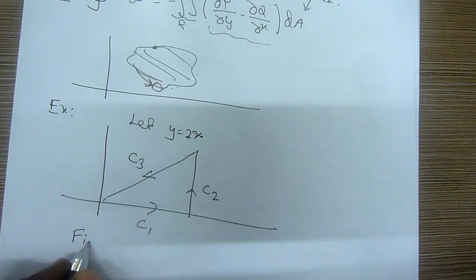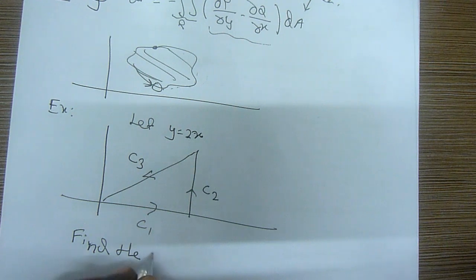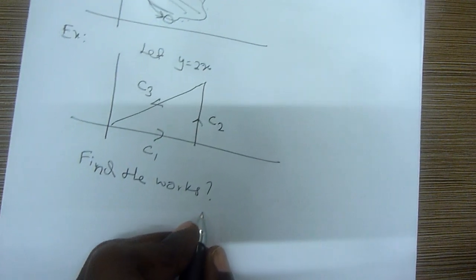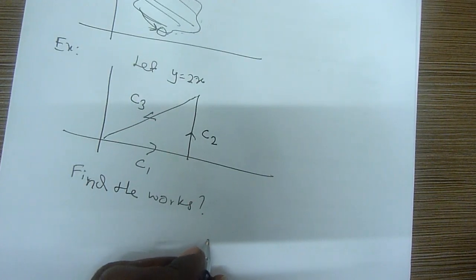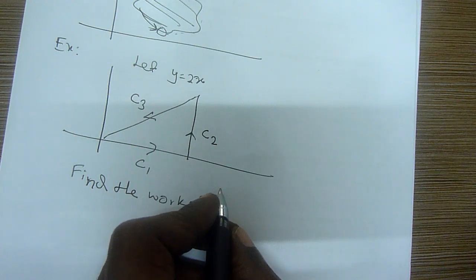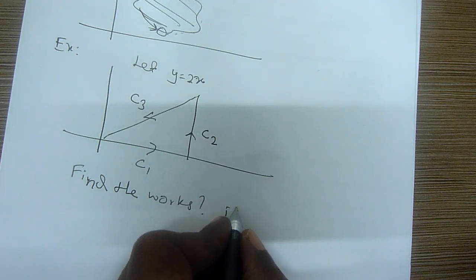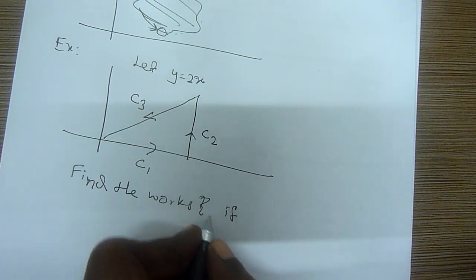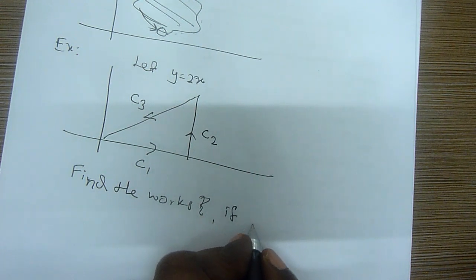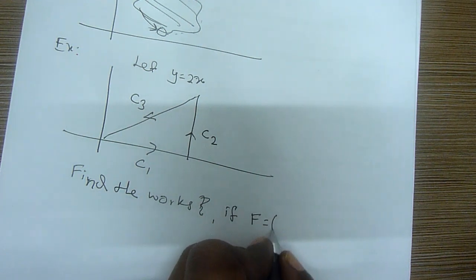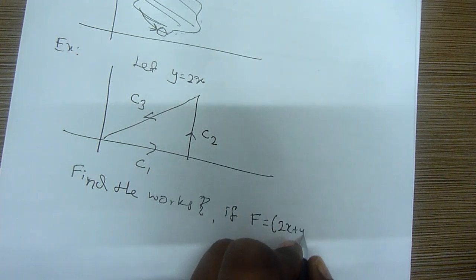Find the work. I'll keep it all simple. Find the work if F equals (2x plus y) i plus (3x minus 3y) j.